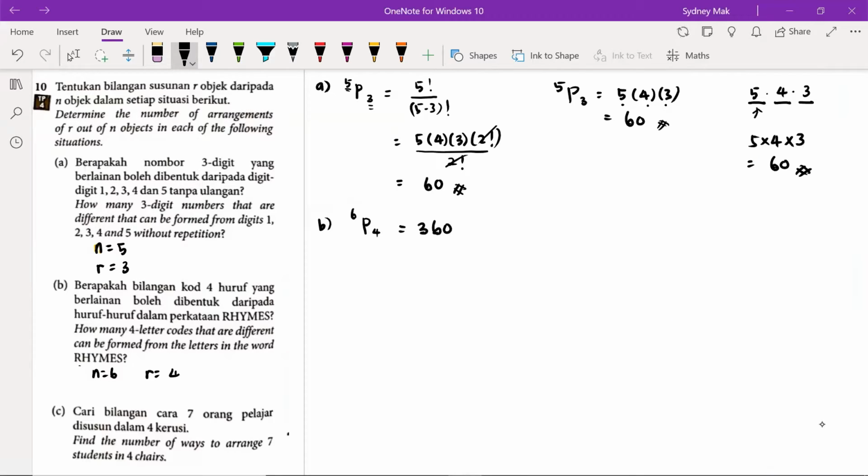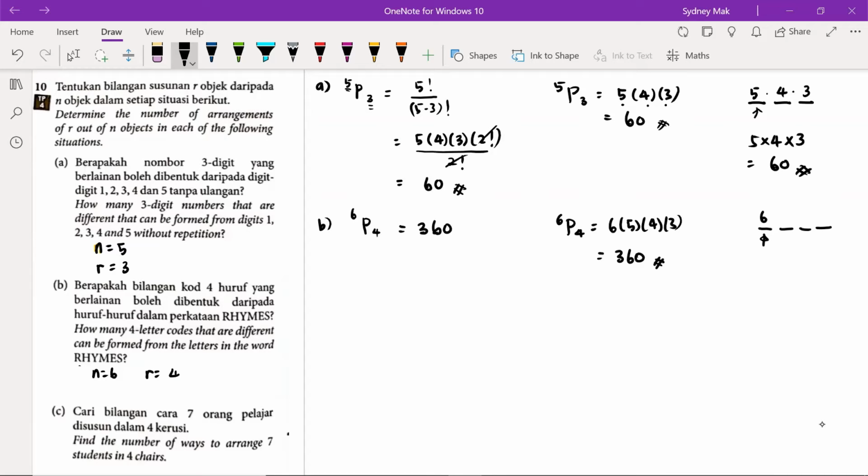Or the shortcut for 6P4: we count down from 6 for 4 numbers, so 6, 5, 4, 3, only up to 4 numbers. Therefore, when we multiply, we will have 360. Next, if we use the slot method, we have a 4-letter code, and for the first empty slot we have 6 choices.